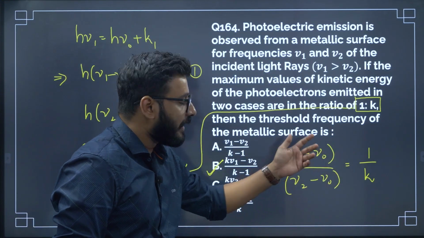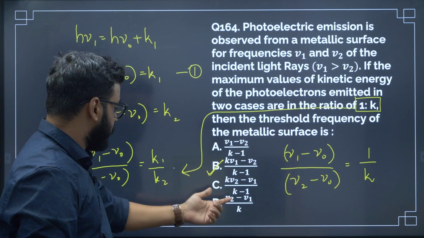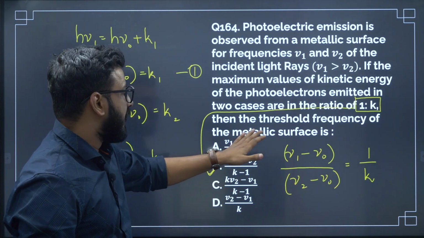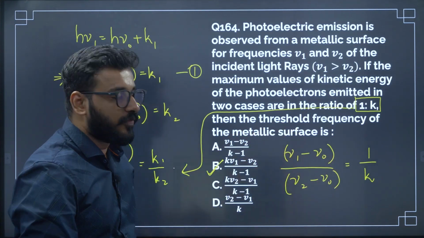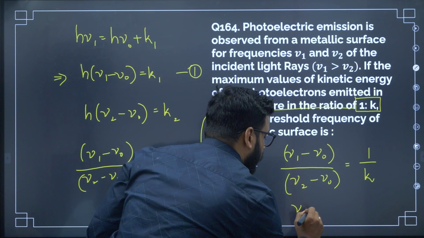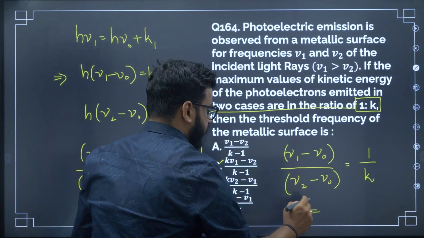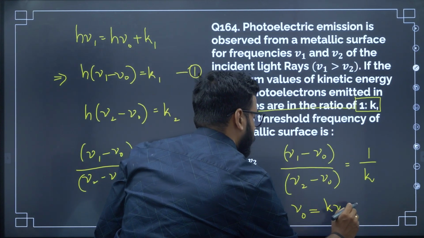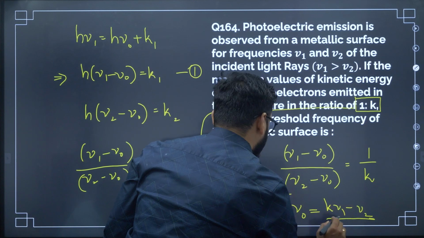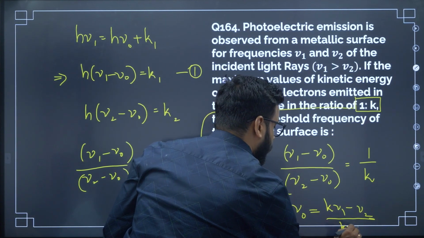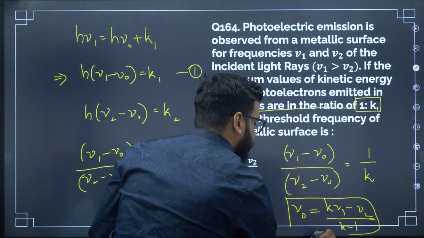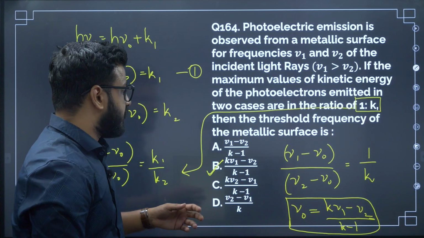They are asking the threshold frequency, so ultimately you have to find nu naught. Solving for nu naught, nu naught is equal to K nu1 minus nu2 whole divided by K minus 1. So the correct answer here is B. You can check it yourself. This is the correct answer.